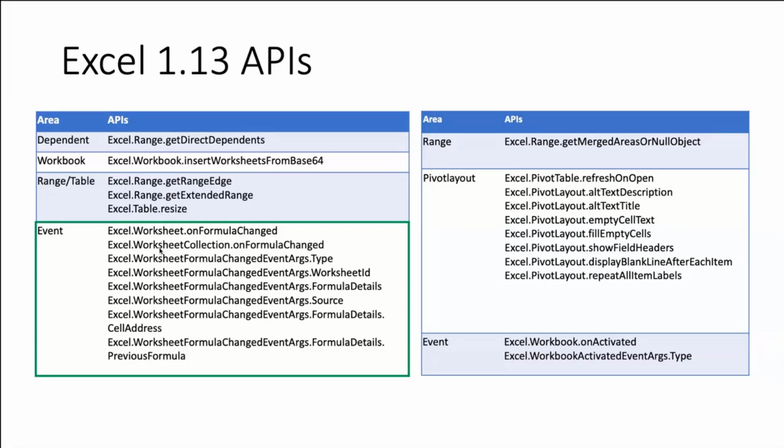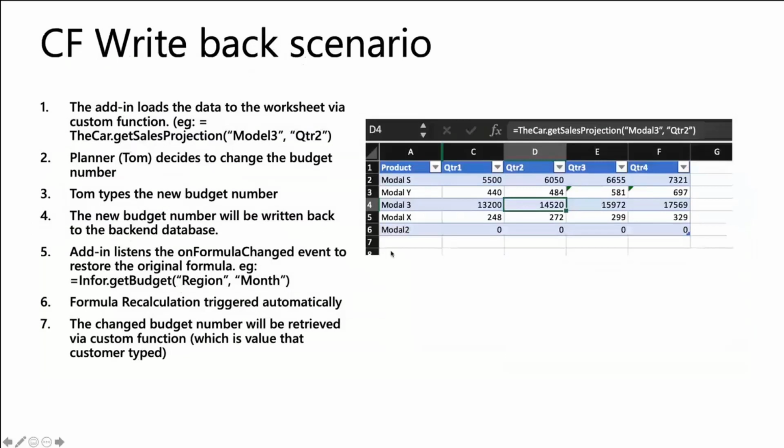Many of our customers, many of you, we learned that writing back is the most important scenario that you would like to enable in your add-in. So today I would like to introduce one write back solution, which is using a custom function. Here is an example that you might try out in your add-in.